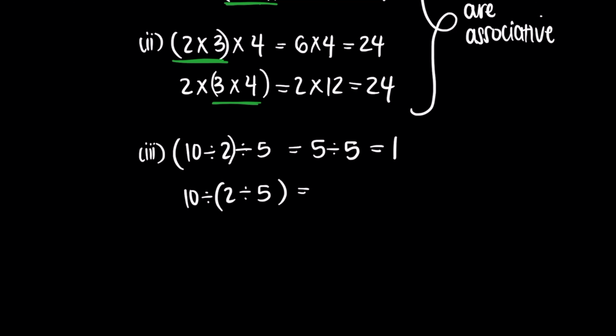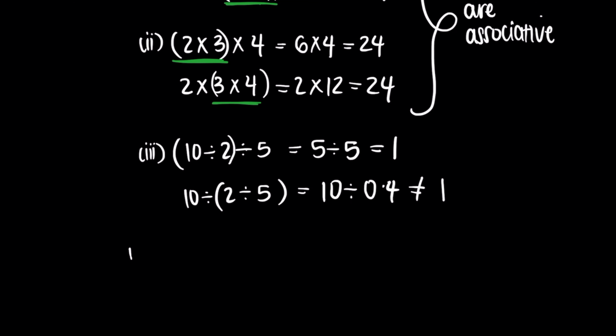Now for the next part, let's do 2 divided by 5 first, since it's in brackets. 2 divided by 5, when we work this out, we get 0.4. Now we have 10 divided by 0.4, and well, we know this isn't equal to 1, and that's all that really matters. So we see that when we switch the order of the brackets when dividing, the answers aren't always equal.